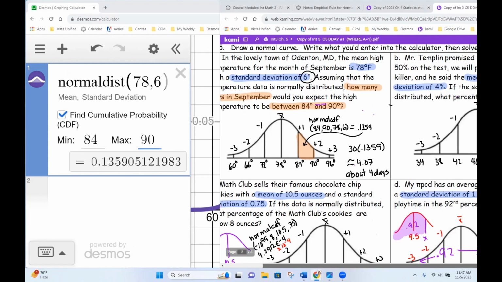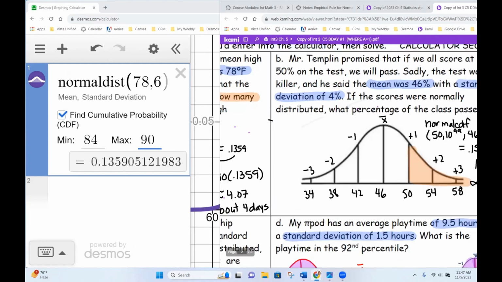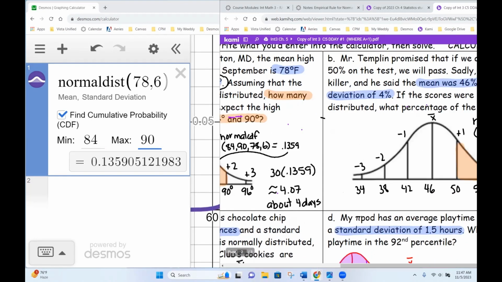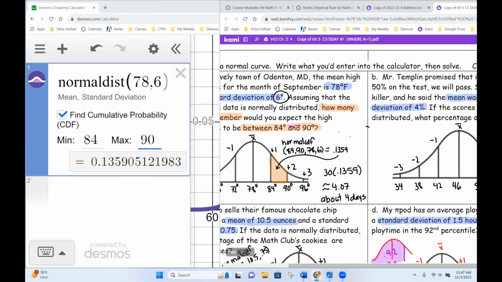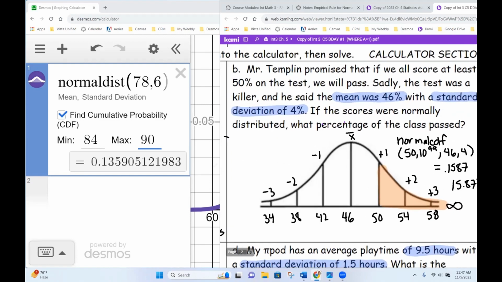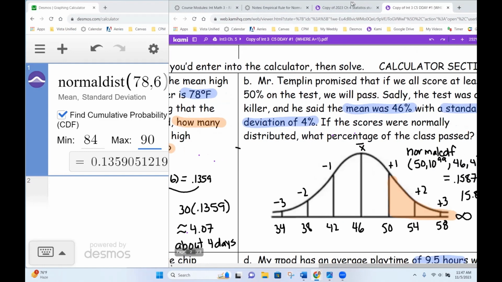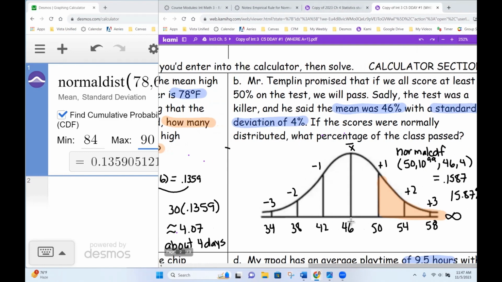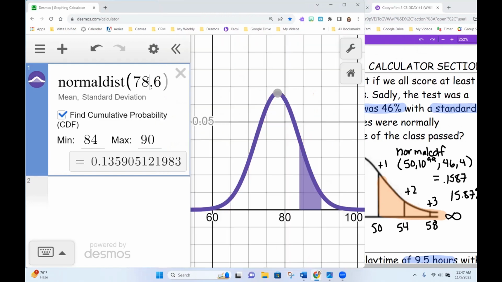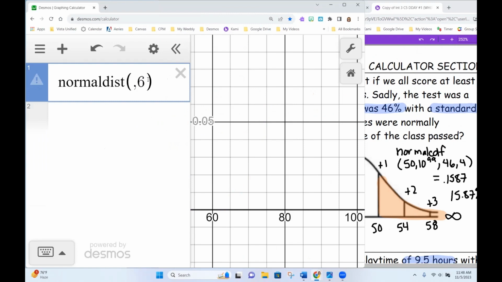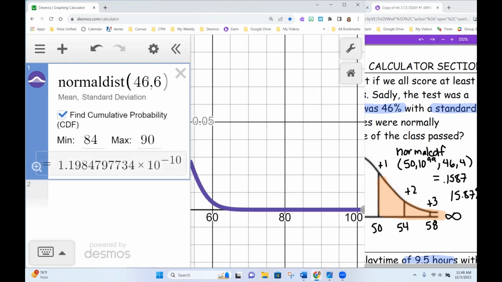The next problem we had was this one here. Okay, so this one we had a mean of 46 and a standard deviation of 4. So a mean of 46 and a standard deviation of 4.